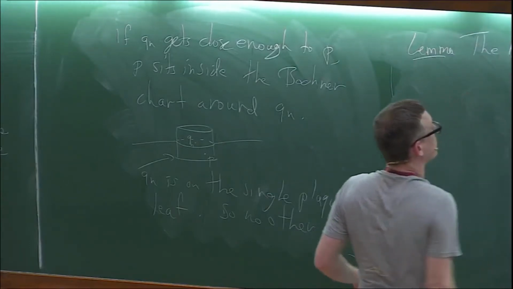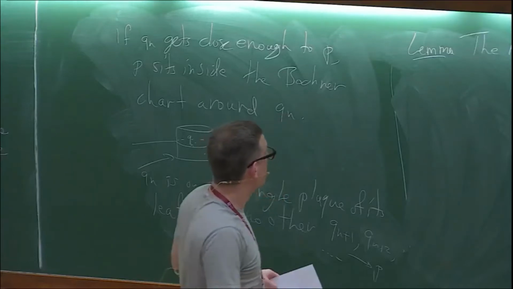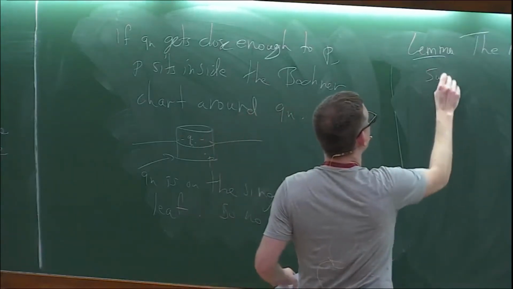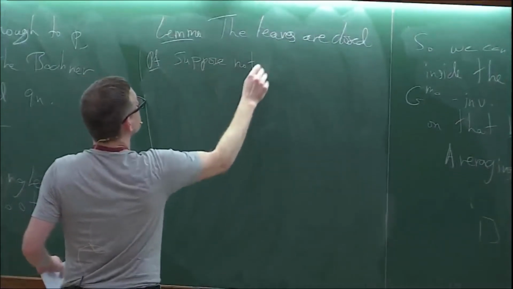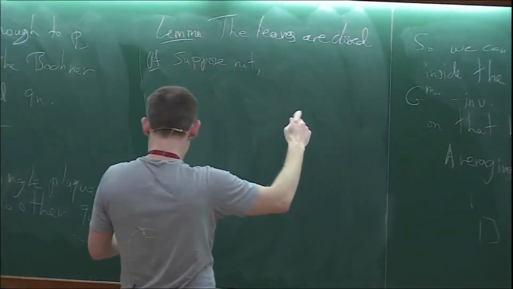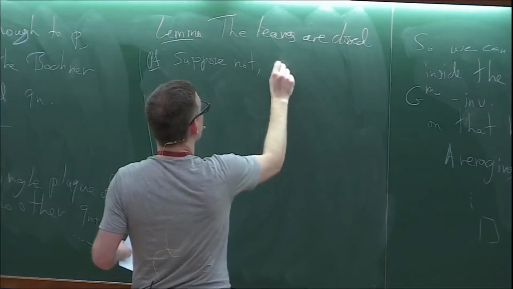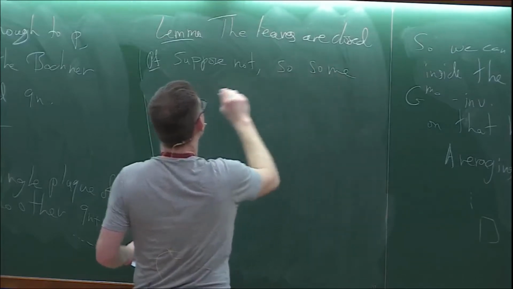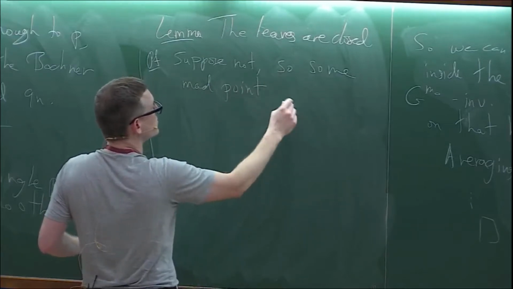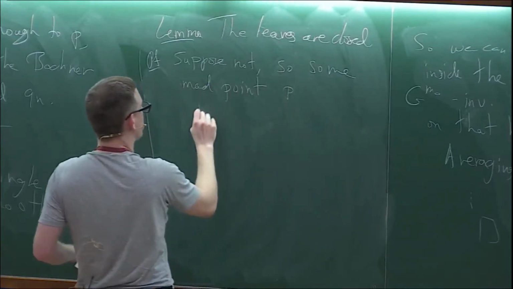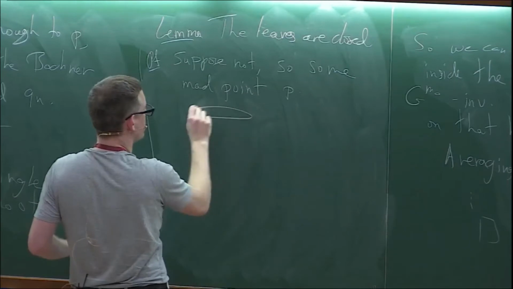Okay, all the leaves are closed. And the proof is, suppose not. So we're going to have some mad point, and then we forget about having to worry about leaves being closed. We've got some mad point P. So we've got P1, and let's draw our picture again.